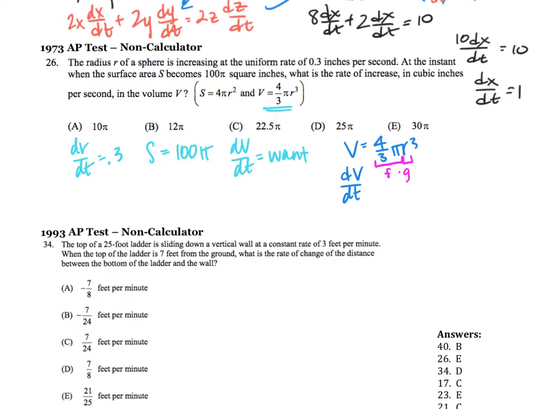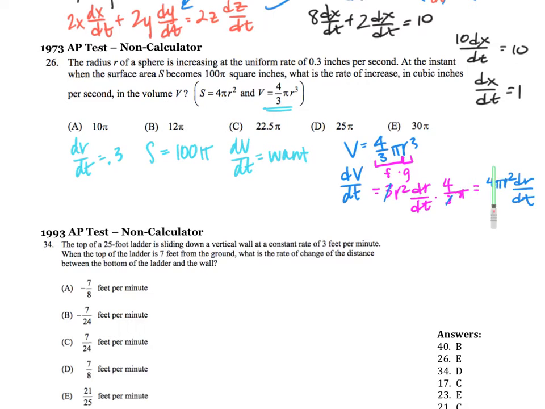So f prime times g would be 0. So we're left with g prime, which would be 3r squared dr/dt times 4/3 pi, because we need to bring the f function with it. So my dV/dt would simplify, my 3's would cancel, and I'd be left with 4 pi r squared dr/dt.